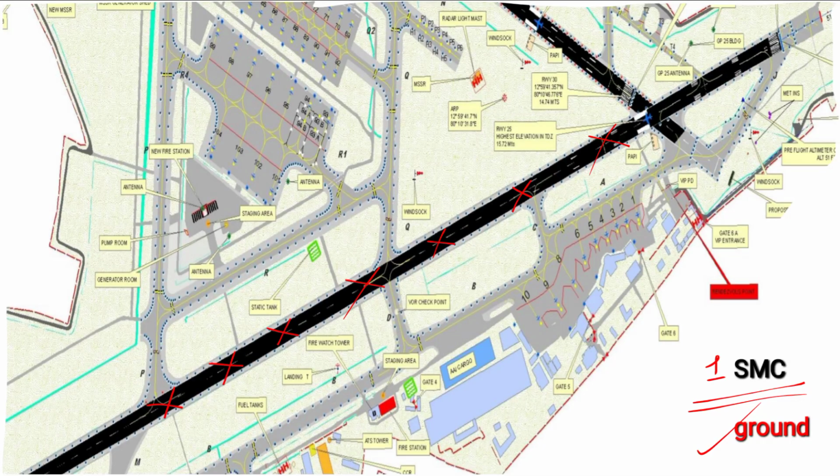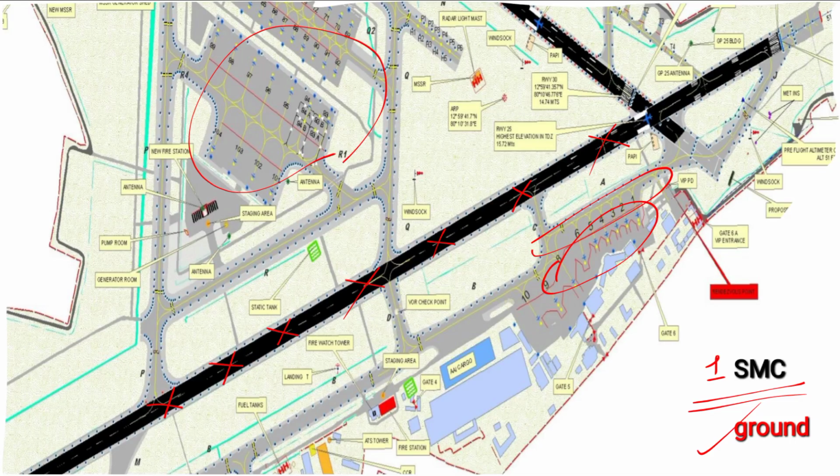So surface movement control, or ground, is allocated all the surface of the airport. It includes taxiway, apron, remote bay, hangar. In general, an aircraft on the ground follows the yellow line.